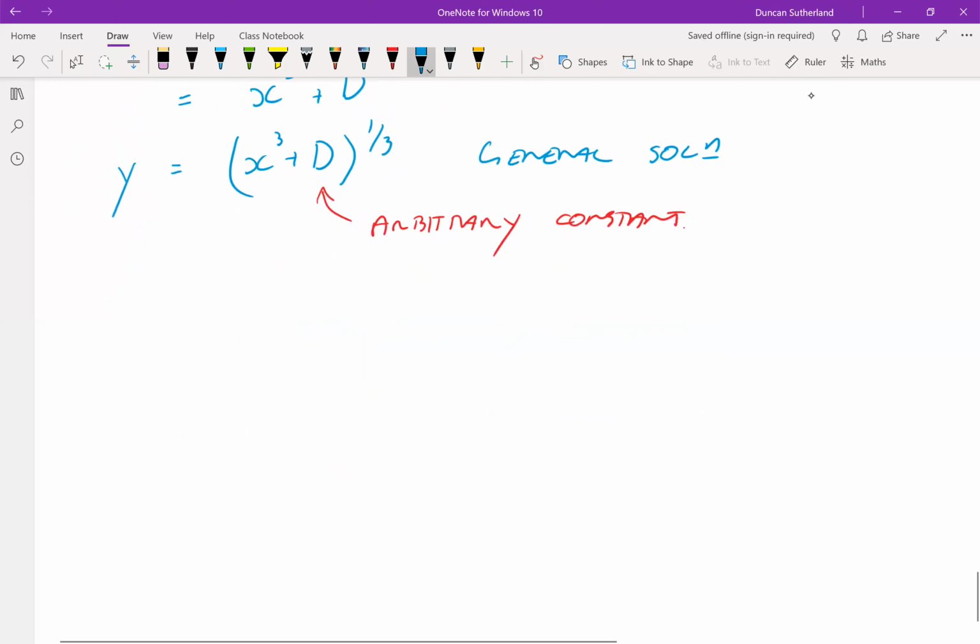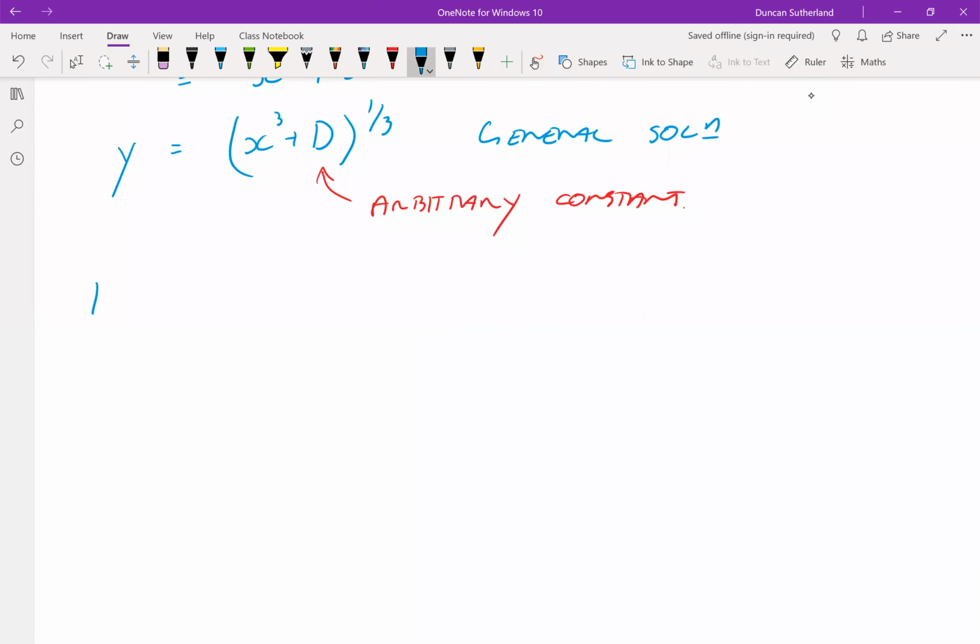Suppose that we're given an initial condition. Let's say we're told that y at x equals 0 is equal to 2.